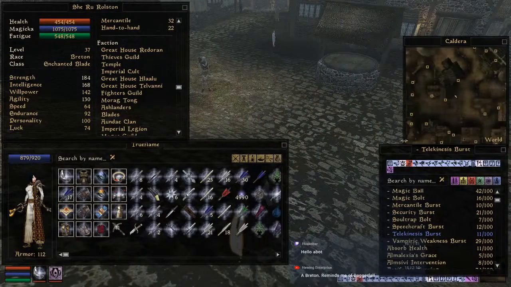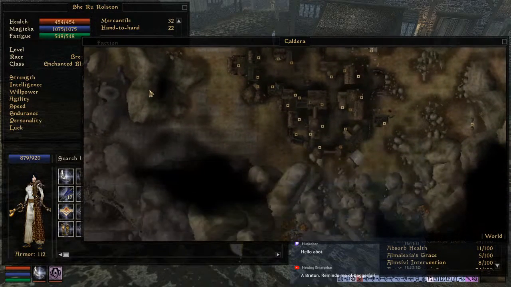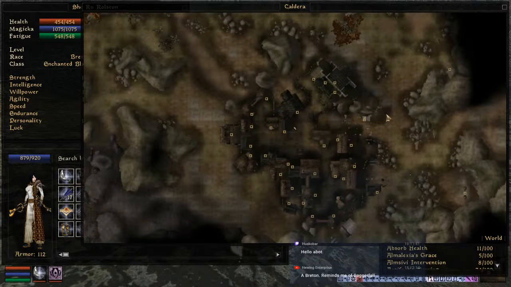Let's check the map, because the Morrowind map is powerful mostly because you can enlarge it so you can see everything. And let's see, here she is.